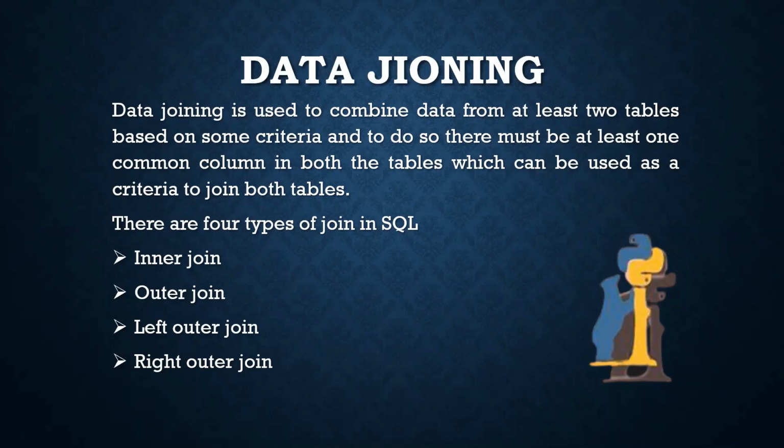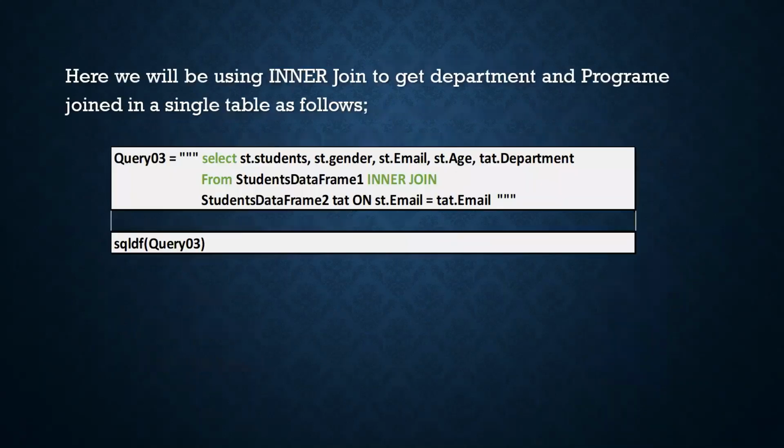There are four types of data joining in SQL: inner join, outer join, left outer join, right outer join. In this tutorial, we will be using inner join to join data from both data frames.